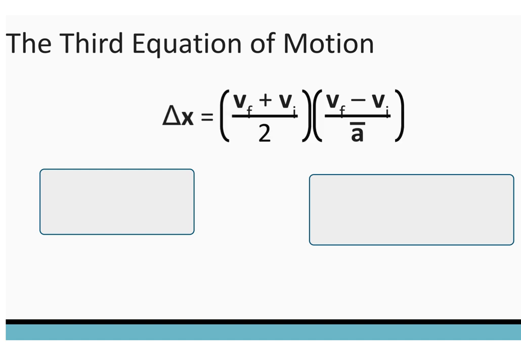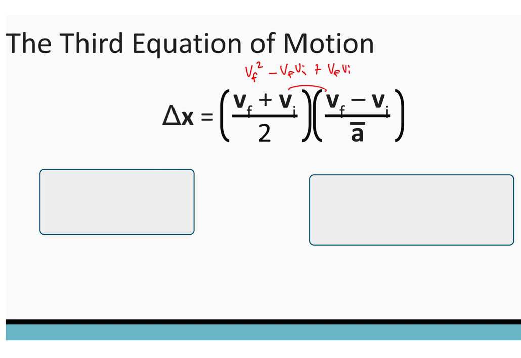So if I multiply v_f times v_f, I get v_f squared. If I multiply v_f times negative v_i, I get a negative v_f v_i. Plus, if I multiply these two, I get a positive v_f v_i, right?